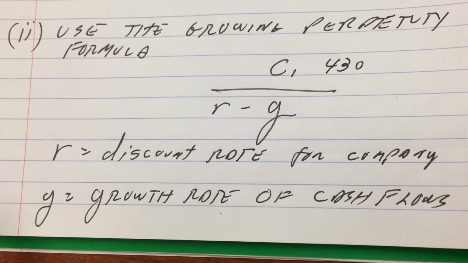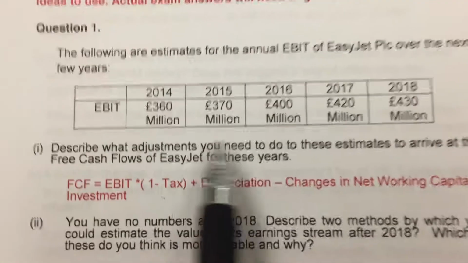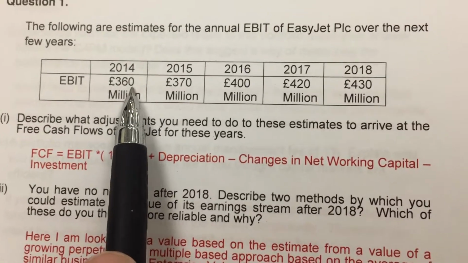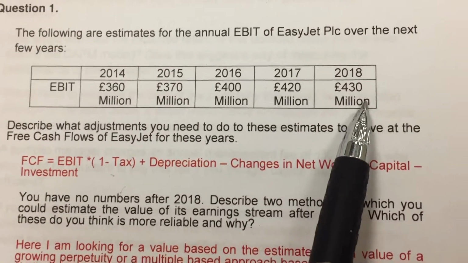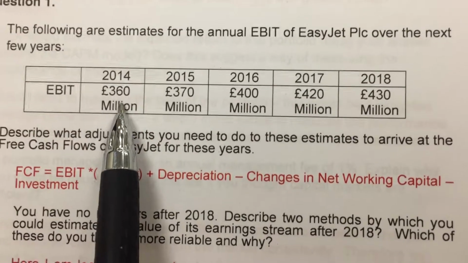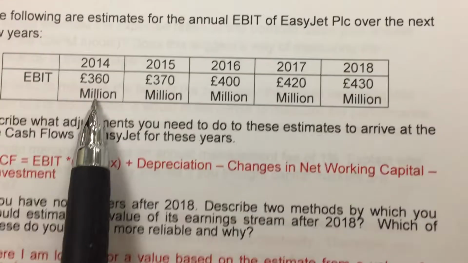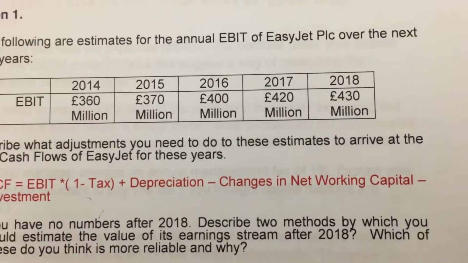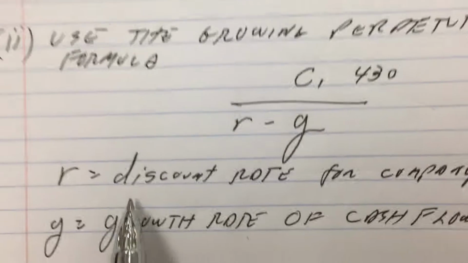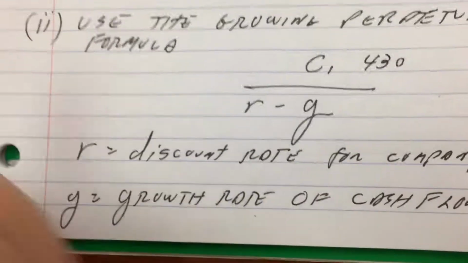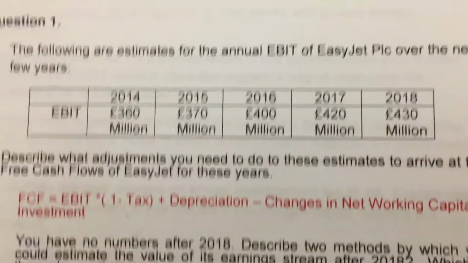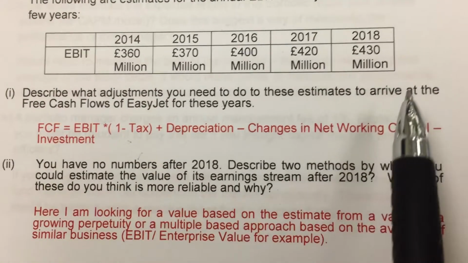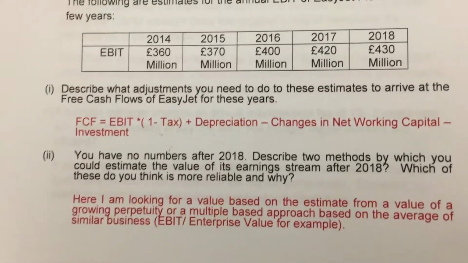We could get the growth rate of the cash flows by estimating using a $70 million increase from 2014 to 2018, which is about 20%, dividing by 5. Let's say we could assume a 4% growth rate in cash flows, subtracting that from the discount rate of the company would give us the present value of the cash flows and the earnings for 2018 and beyond.